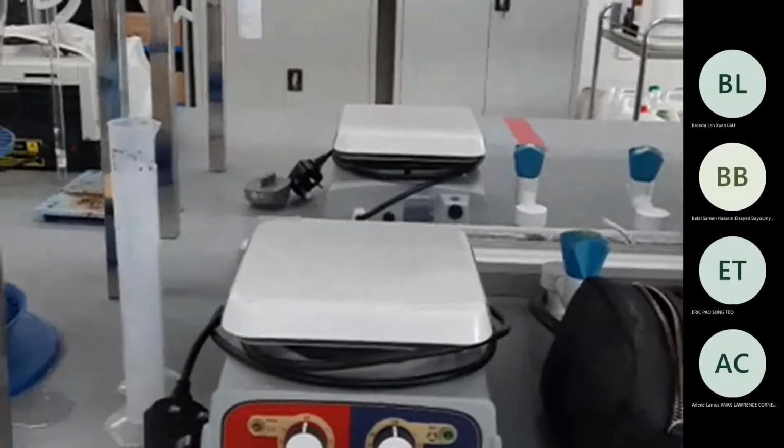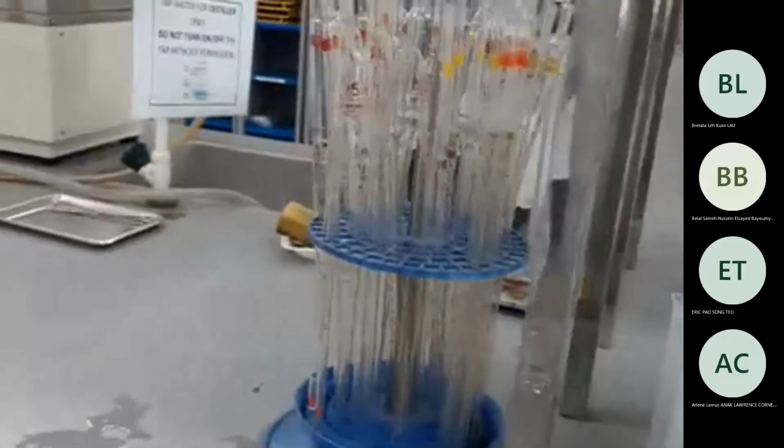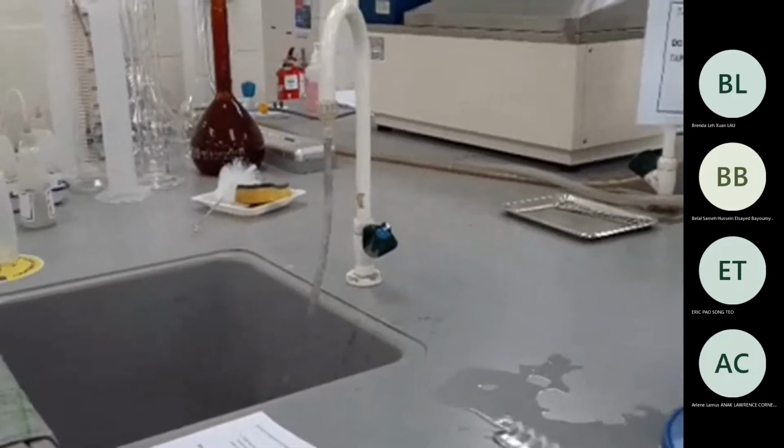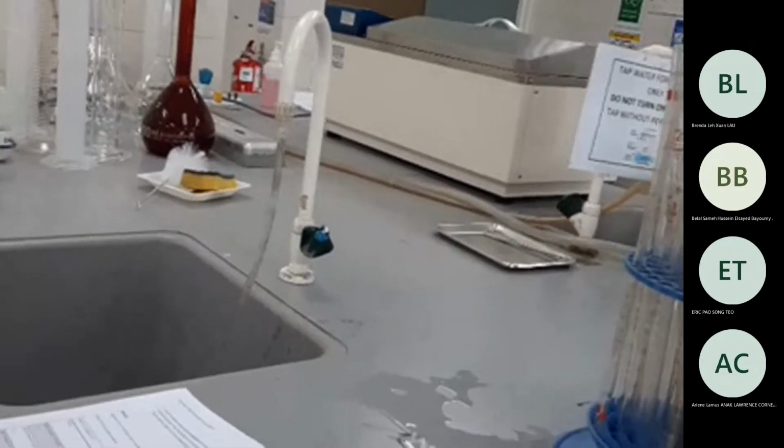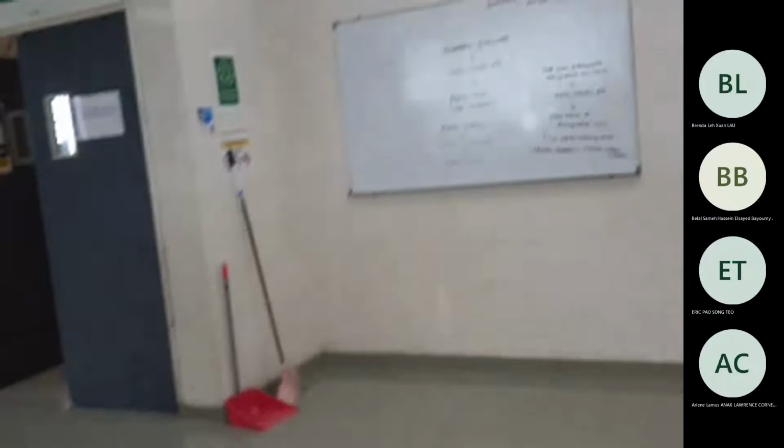So for you now, 1, 2, 3, 4. So this is 1. For 1, you need to add 5 drops of 0.1 molar HCl, and the 0.1 molar HCl is in fume hood 6. So go to fume hood 6, and I left the big droppers there. Okay, let's go, I'll show you. You just add 5 drops of HCl there.